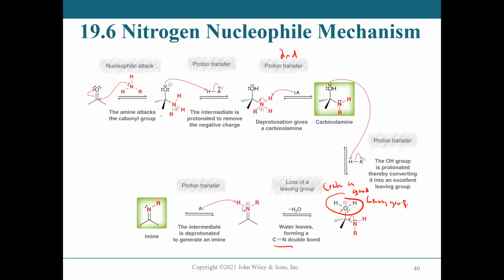So our first three steps, step 1, step 2, and step 3, were all to form this intermediate right here. So this is to form this carbinolamine. After this, our next 3 steps are going to form our imine.